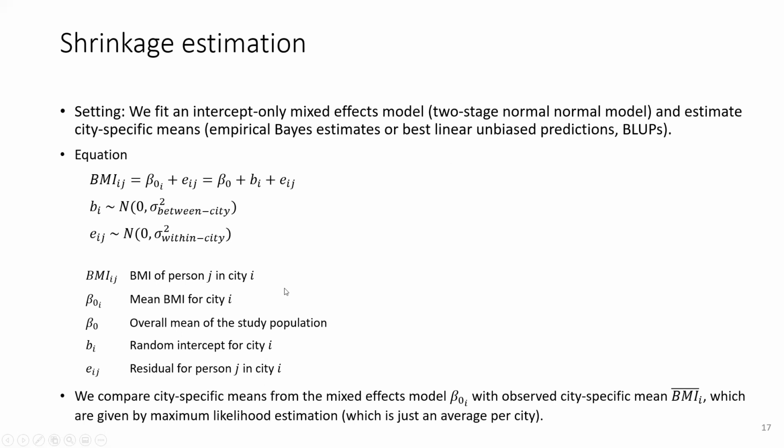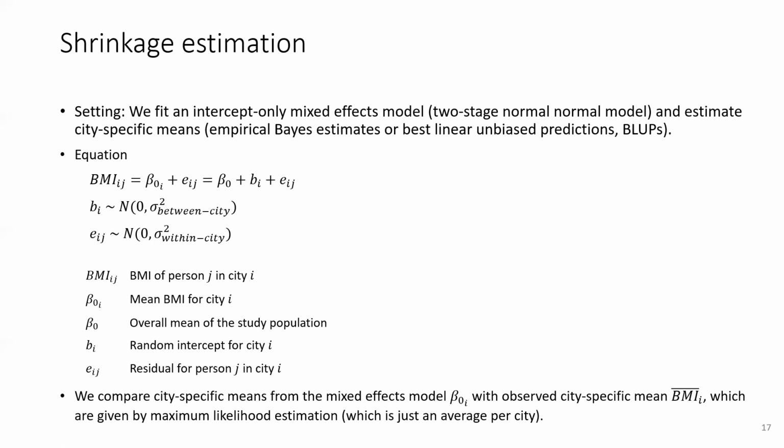And now we are going to compare city-specific means from the mixed effect model, which is beta naught i, with the observed city-specific mean for BMI bar i, which is given by maximum likelihood estimation. I think many of you heard this term maximum likelihood, but what does it mean?